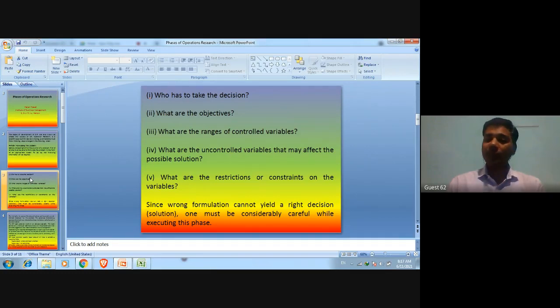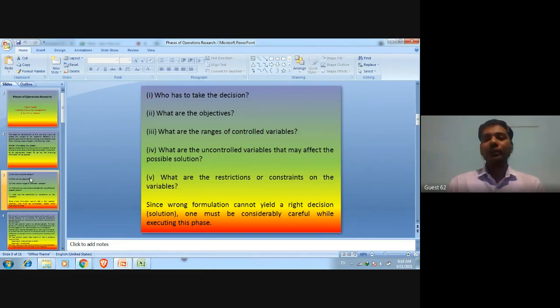Now, the uncontrolled variables are external factors that affect your possible solution, such as economic factors. It means the government changes some rules. When you decided on a project, or launched an idea, the conditions were different. After the government changes, it could be possible that some rules have been changed.